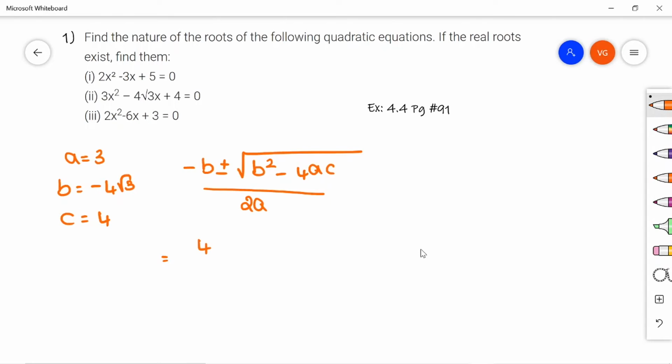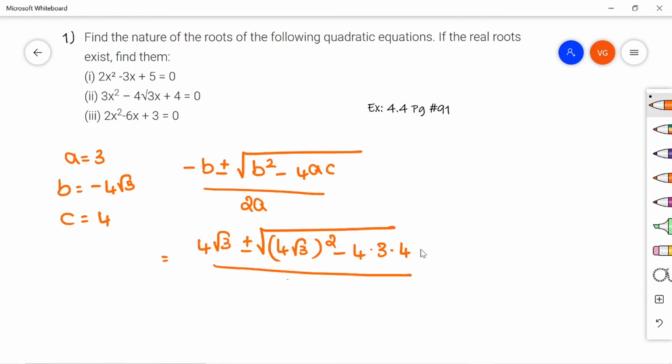Minus of minus, plus 4 root 3, square root of b square, that is 4 root 3 whole square, minus 4 into a into c, divided by 2a. Or else, here itself you can substitute the value we have found, b square minus 4ac is 0, right? So no need to calculate also.